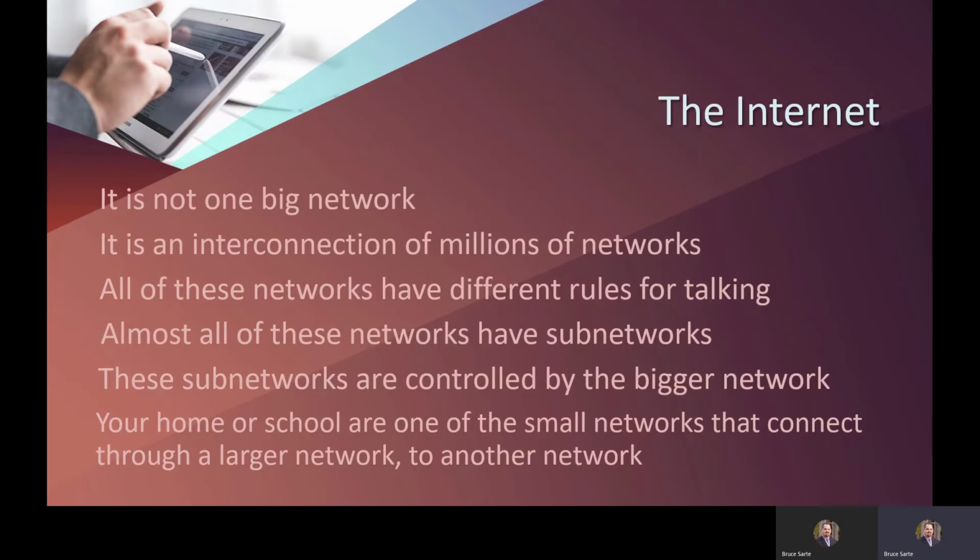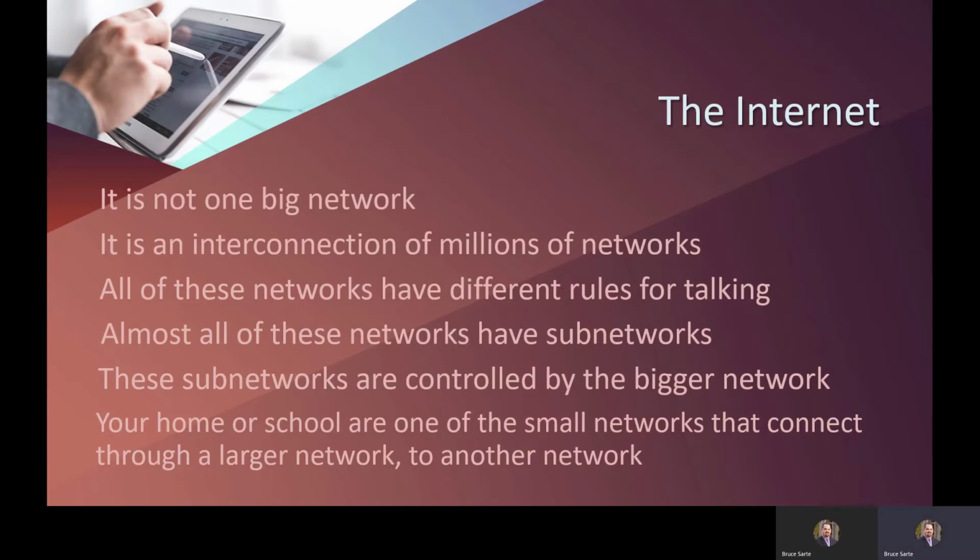And even when you get down to the smallest level, there are often subnetworks within those networks. And those subnetworks are always controlled by the network above them. So when you connect at home to, say, Comcast or Cox Communications, they are giving you the rules of their road. And then they have to live by the rules of their uplink to the internet, just as you have to live by the rules they give you to live.